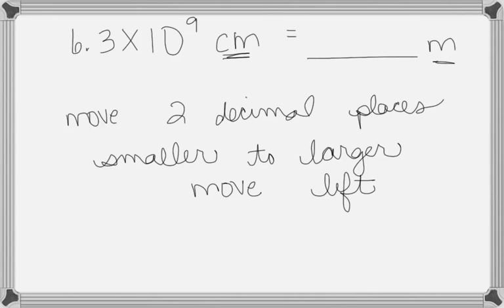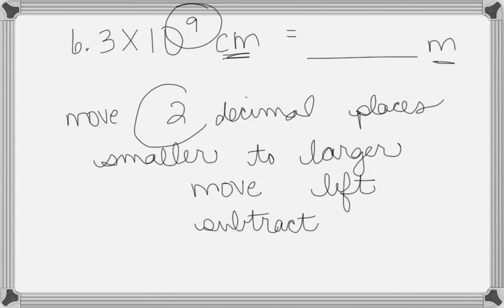It's going to be 7. Because if I'm going smaller to larger, I move the decimal left, or I would say that I subtract. What do I subtract? The exponent. In this case, I say the 9 that I have minus the 2, and I come up with 7. So my answer is 6.3 times 10 to the 7 meters.